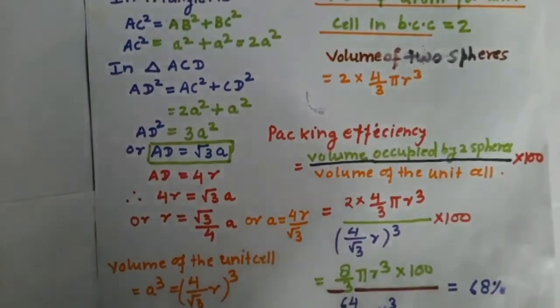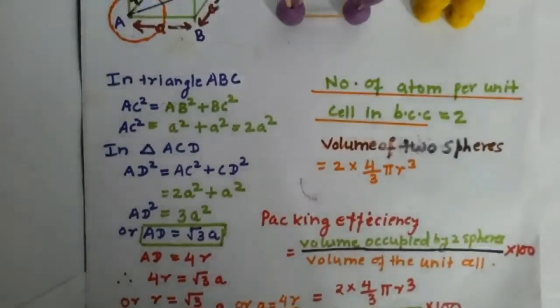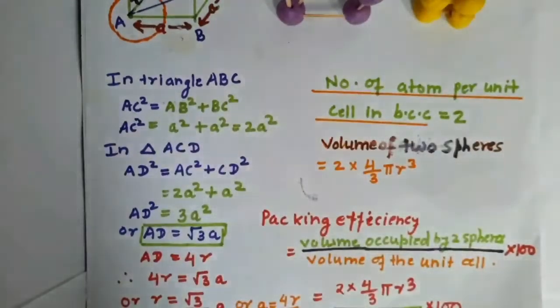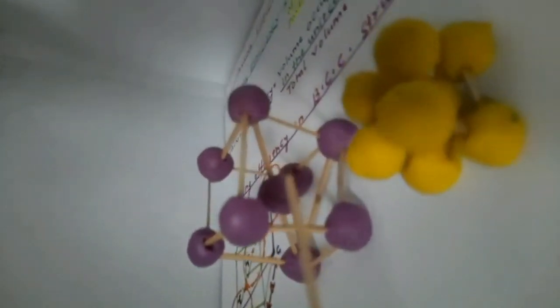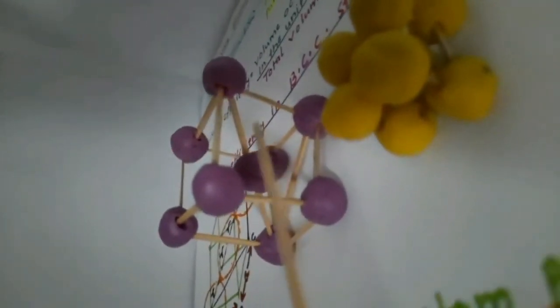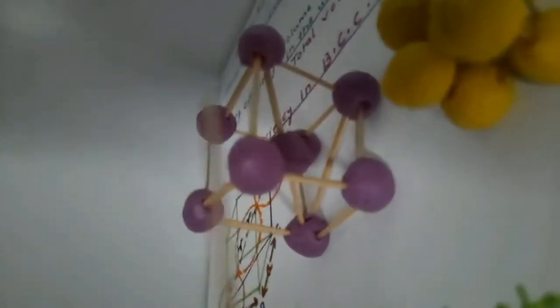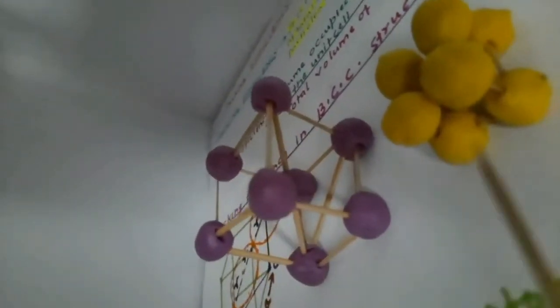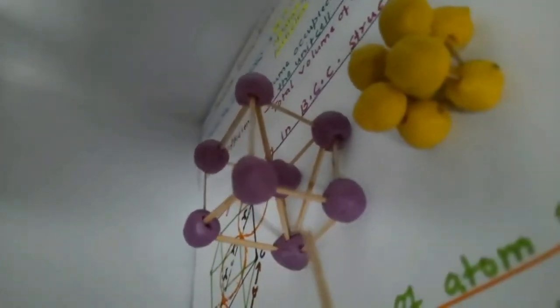Now let us calculate the number of atoms per unit cell in BCC. We know that in case of BCC, atoms or spheres are placed at the corners of the unit cell, as well as one extra sphere placed at the body center position, and each corner contributes only 1/8 part. So the total number of corners is 8, 8 multiplied by 1 by 8.